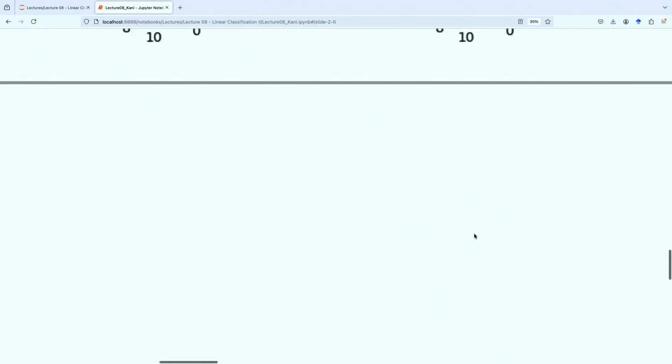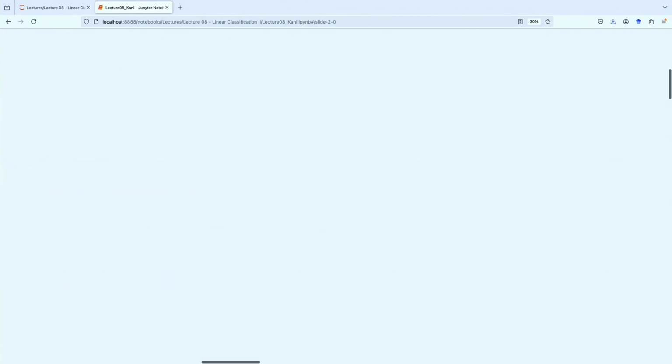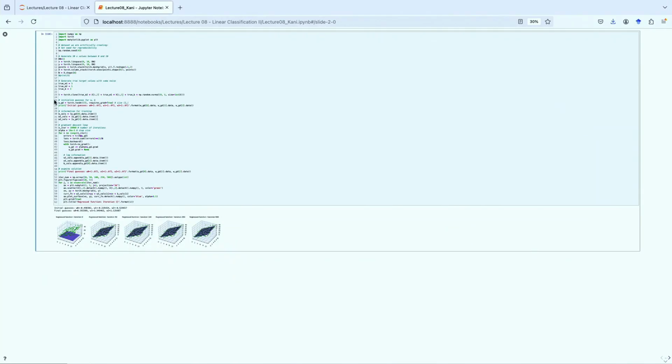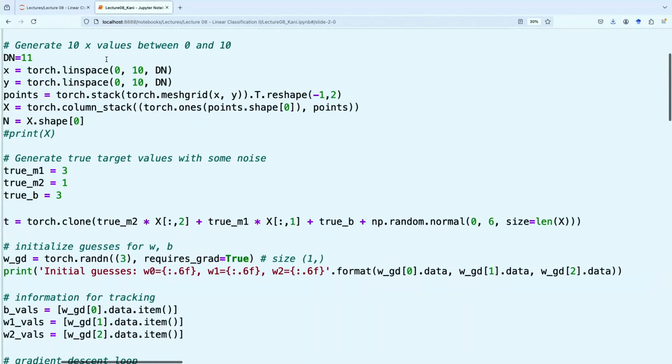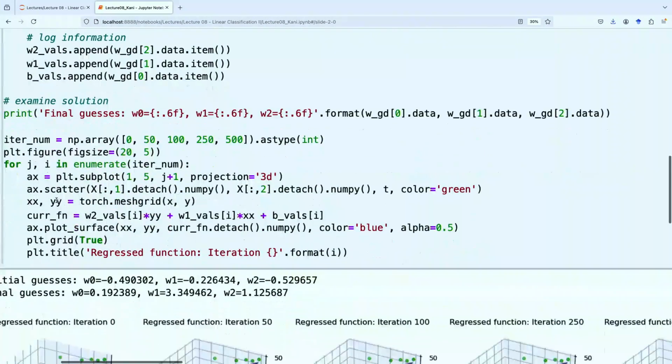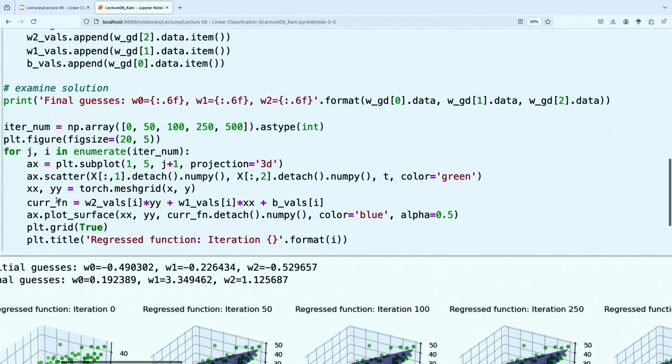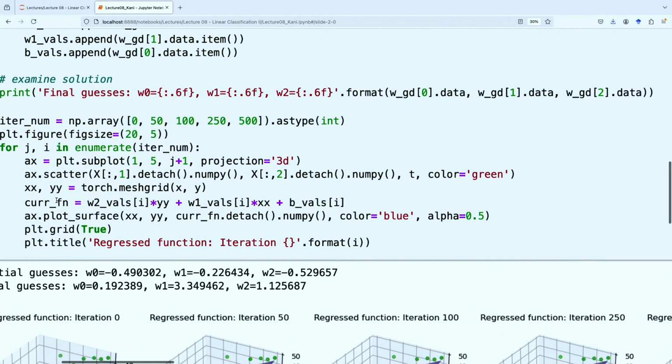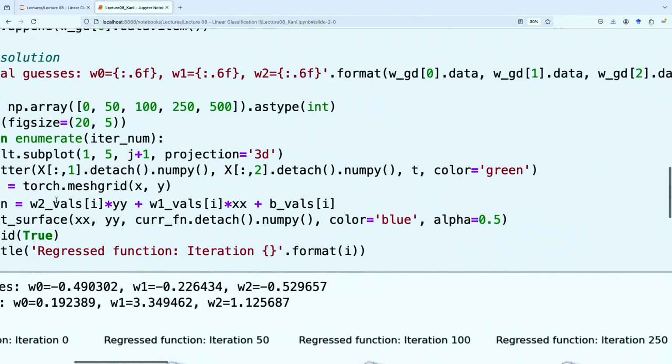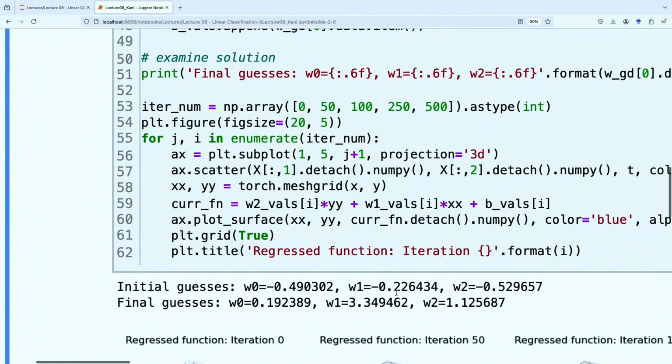Now, knowing we generated a synthetic data set, we could refer to the values. What were the values of the synthetic data set? It was 1, 3, 3. If we look at the actual values we get, the final guess is closer to 1, 3.2.